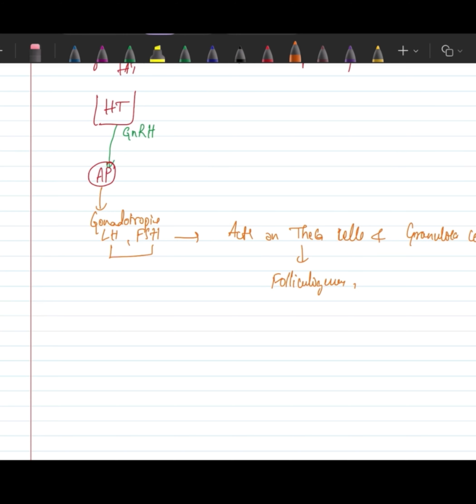These functions could be folliculogenesis, production of ovarian steroid hormones, and production of gonadal peptides such as activin, inhibin, and follistatin, and also production of growth hormones.